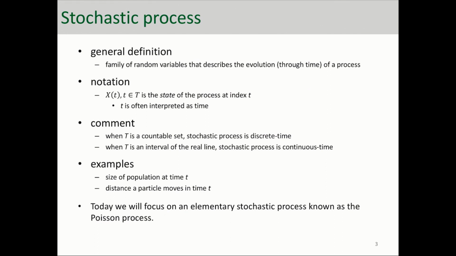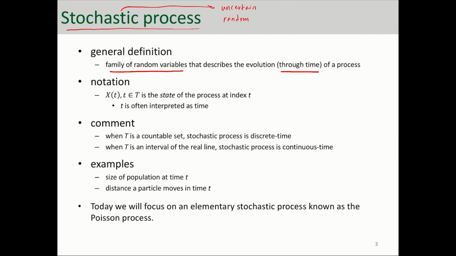So in general, we have stochastic processes, and this word stochastic means uncertain, or random, basically. We're talking about random processes, which include a family of random variables that describes the evolution of a process over time.